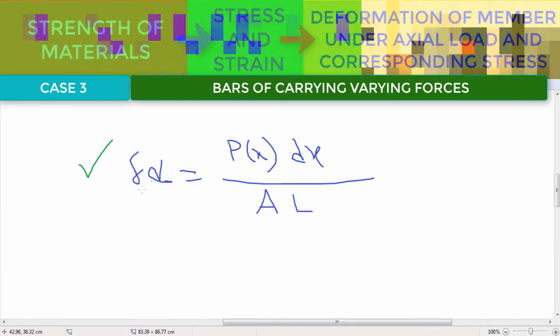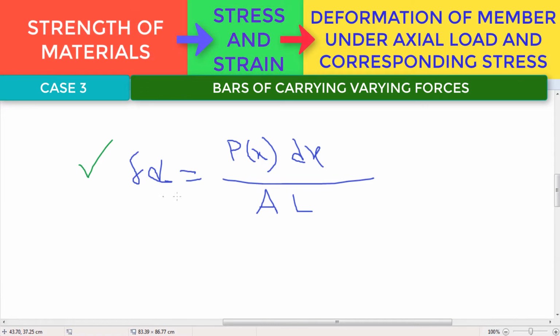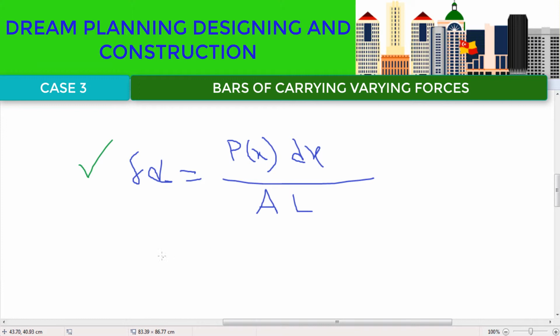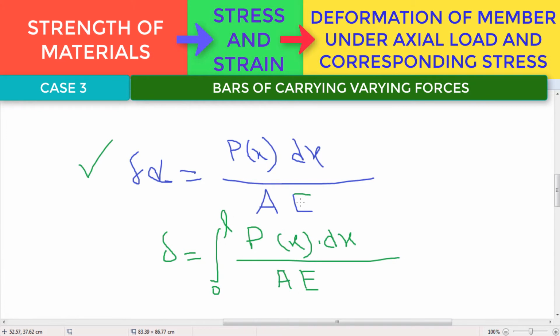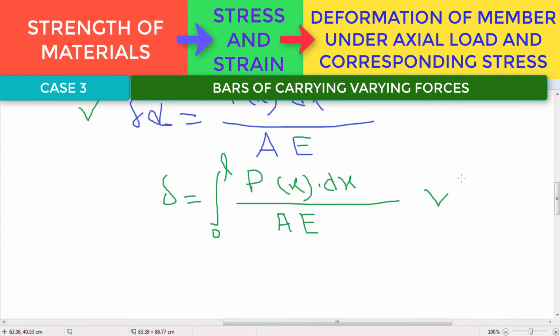If we want the total deformation of this body, then we have to integrate from 0 to L. So total deformation equals integral from 0 to L of P(x) dx by AE. So we get the total deformation for varying force.